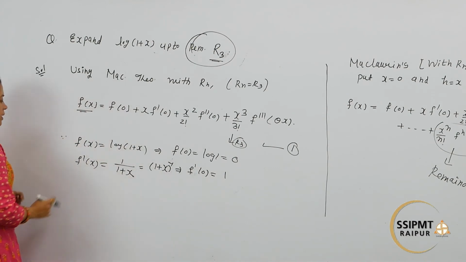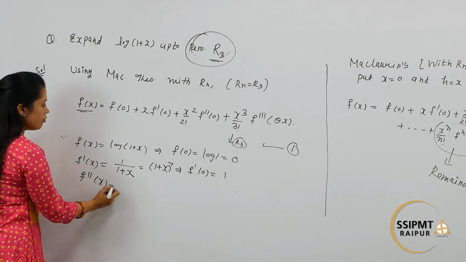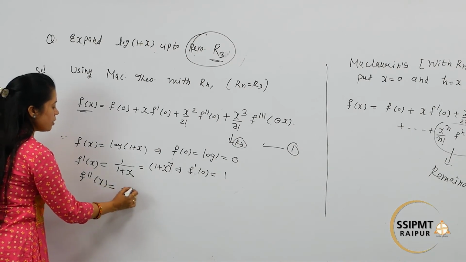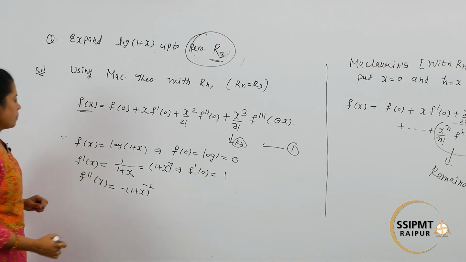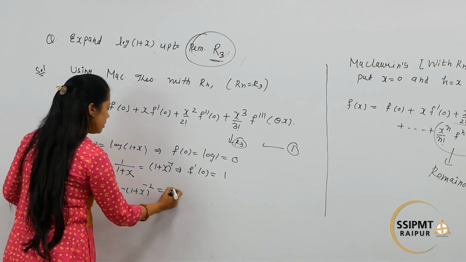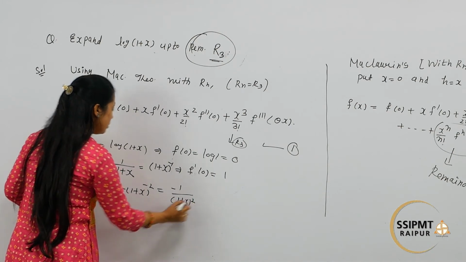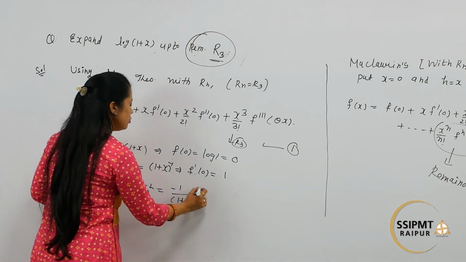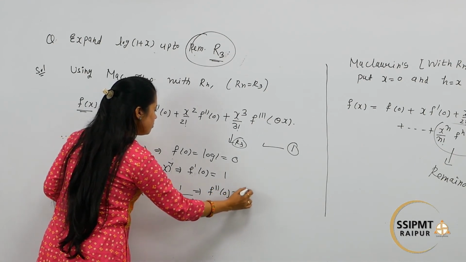Alright, next f''(x) will be -(1+x)⁻², or it can be written as -1/(1+x)². So f''(0) will be -1.